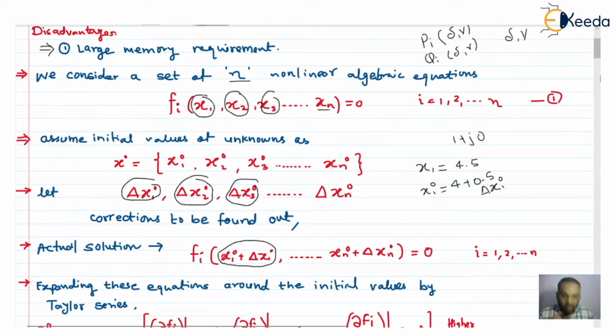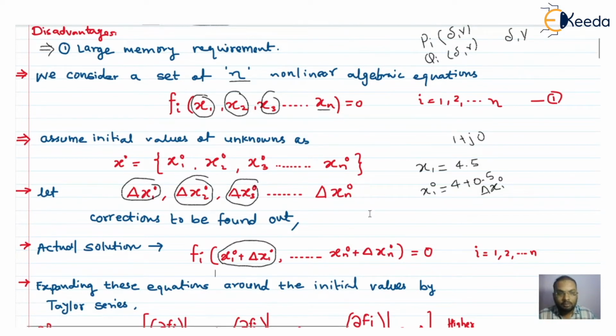What is the main thing we have to do? Initially, you can assume anything. You can go with the flat voltage start. The main task here is to find the correction, because assumption is not a big deal. You can assume any value, but the correction is very important.